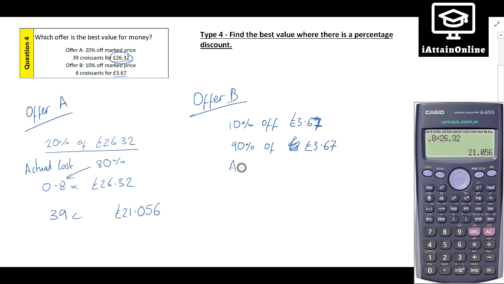Finding the actual cost, what I pay for those 6 croissants, I'm going to do 0.9 times £3.67. Back to my calculator. 0.9 times 3.67 is equal to £3.303. So that tells me that I'm getting 6 croissants for £3.303. Okay.